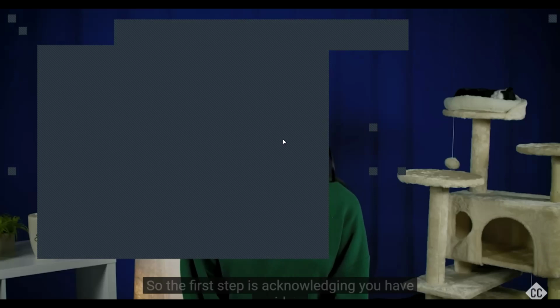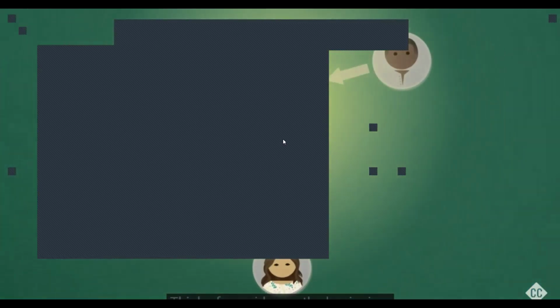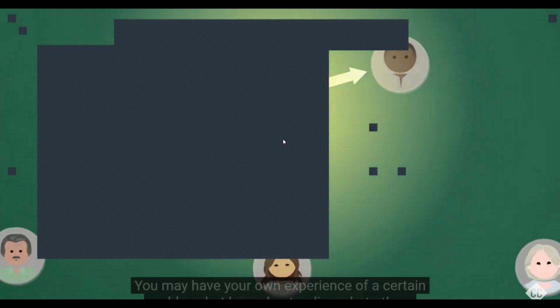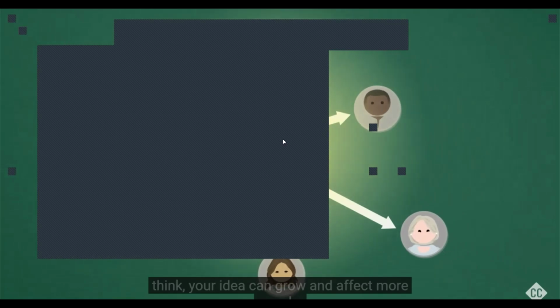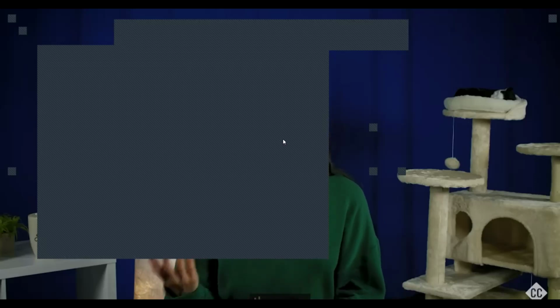And these are the building blocks of entrepreneurial innovation. So the first step is acknowledging you have an idea. Step 2 is understanding the problem at the root of your idea. Think of your idea as the beginning. You may have your own experience of a certain problem, but by understanding what others think, your idea can grow and affect more people. So when you're chatting about that big chain coffee shop with your friends, listen to what they say. Have they been there?